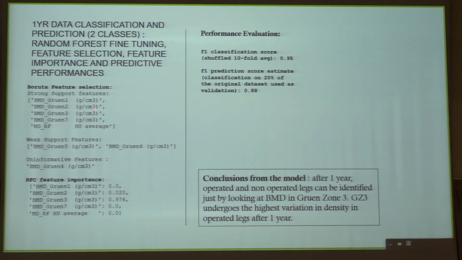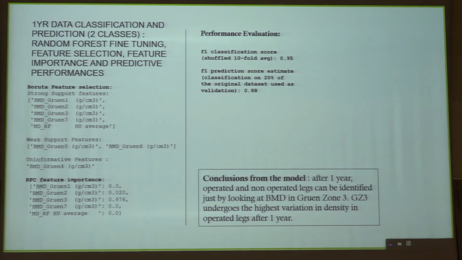We have a feature selection that tells us in advance which are the features that contain the highest information. It prunes some of the completely uninformative features, and then through classification we get an array containing scores attributed to the features that must sum to 1. So basically, as far as the two-class classification problem at 1 year is concerned, we have a very high classification score. Everything is cross-validated, and also cross-validated to simulate prediction.